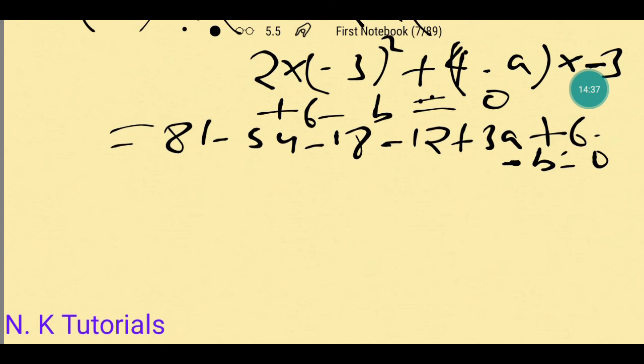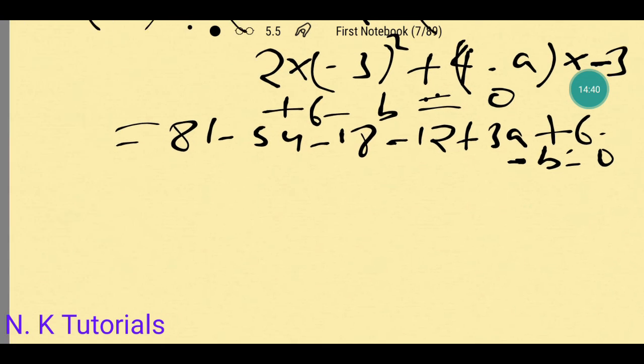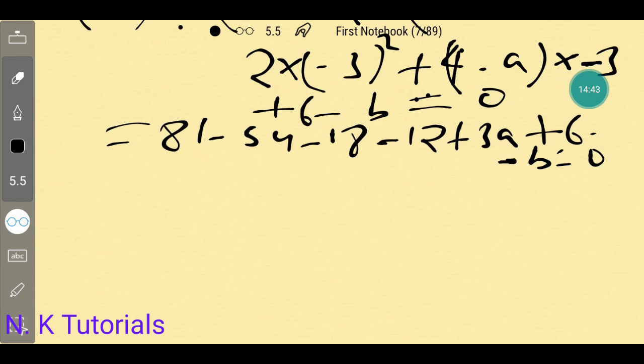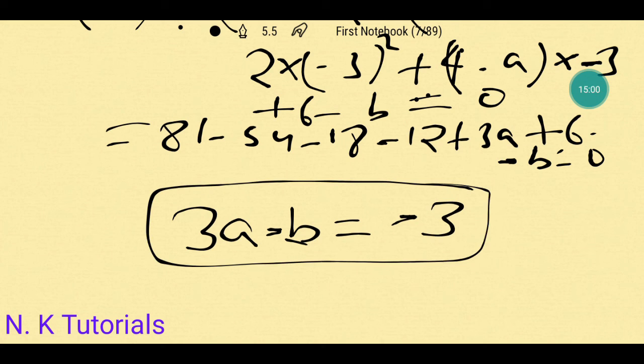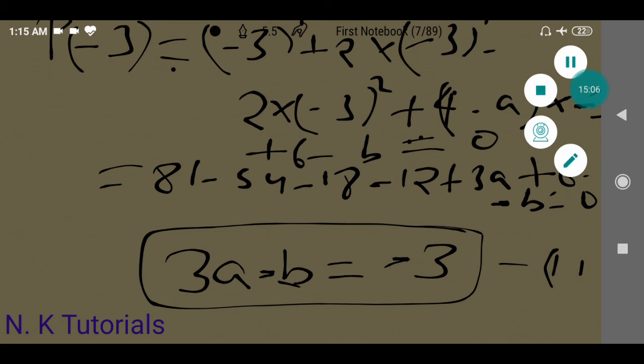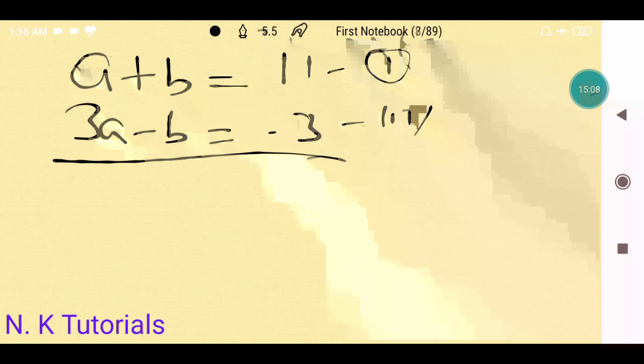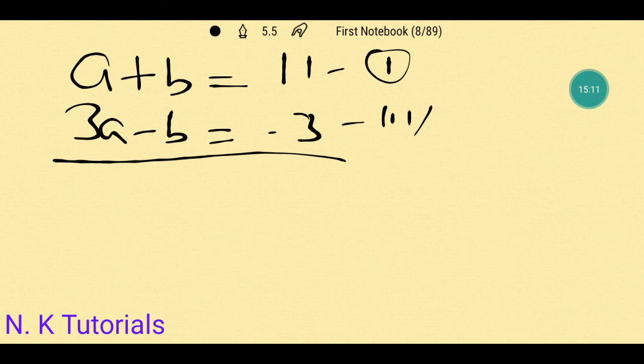As you equate it, the equation will come 3a minus b is equal to minus 3. This is equation 2. So these are the two equations we have got from the two factors.